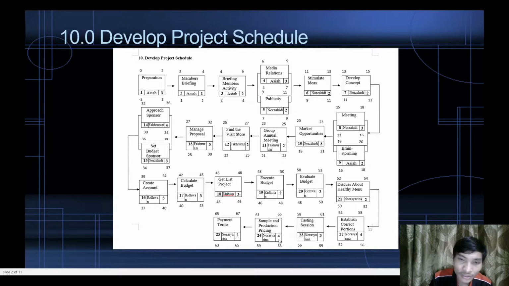When it turns backward, it will be minus, but when it turns forward, it will become plus. That's all for the develop project schedule.